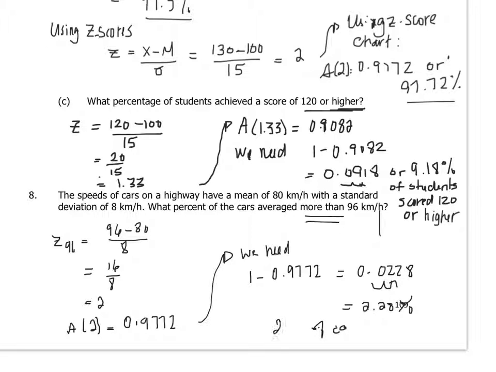So 2.28% of cars averaged more than 96 kilometers per hour.